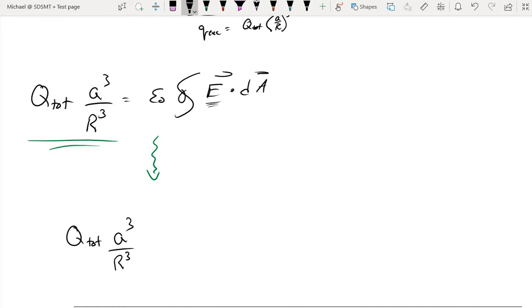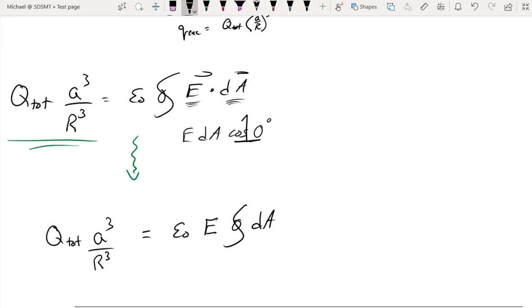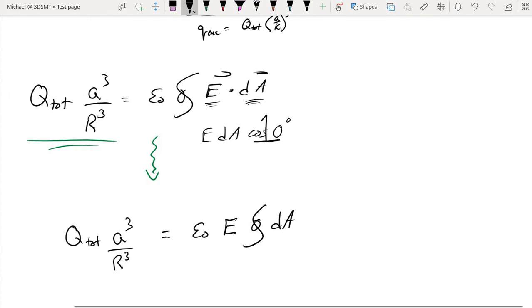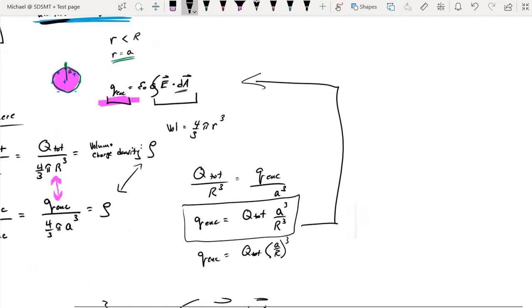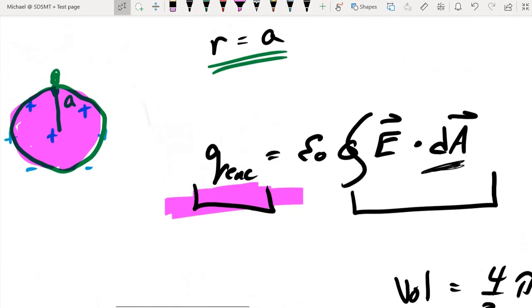The dot product is going to result in a cosine zero relationship between our electric field vector and our area vector. So that just reduces to a 1. And so we have epsilon naught E integral dA. So dA is the area of the container that we're using, and our container is a sphere of radius A.